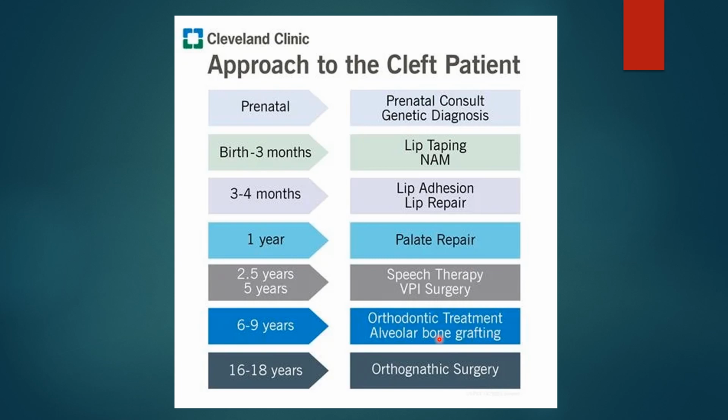And at the age of 16 to 18 years orthognathic surgery is advised, because in cleft lip and palate there is micrognathia. That means the mandible or the maxilla, normally the maxilla, as it is a cleft palate, is smaller in size. So to resolve this discrepancy, after making the teeth in alignment, we go for the reconstruction and the orthognathic surgery.